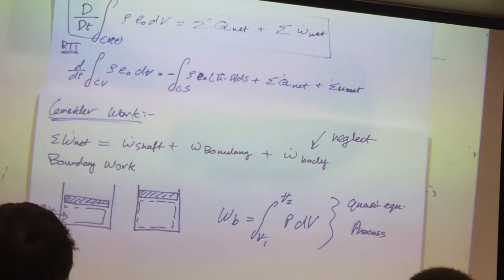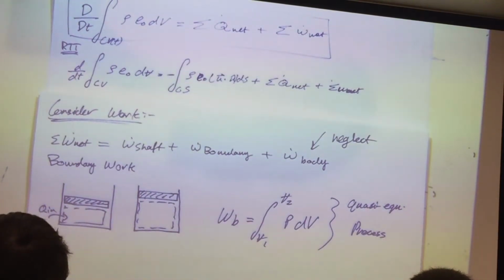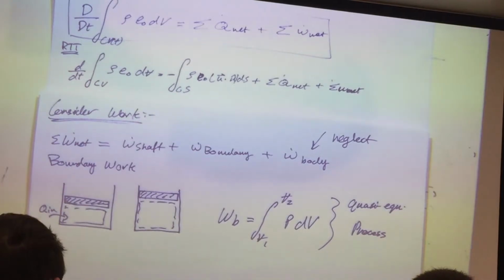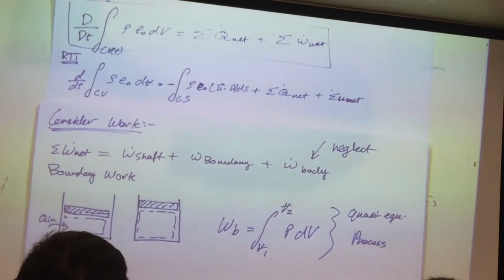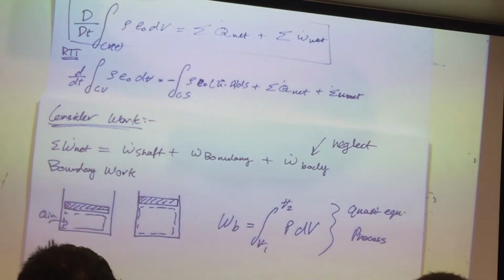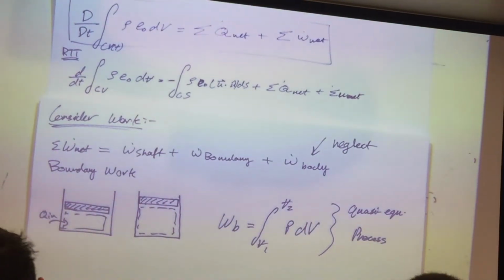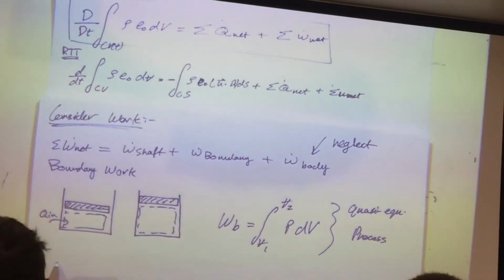So how does this relate to my propulsion system? Okay, pistons, I understand pistons, it's a moving boundary. How do I do it for an aero engine? Well, think of the aero engine as the same principle.